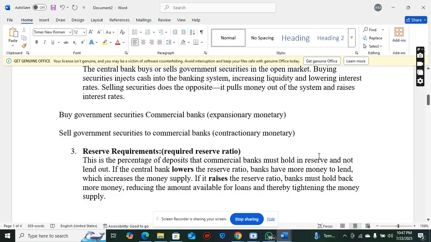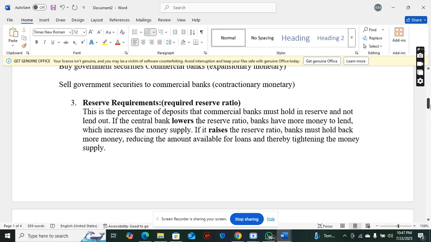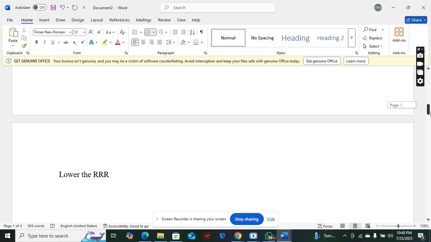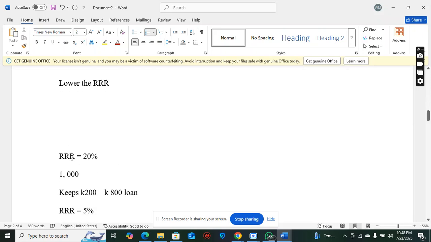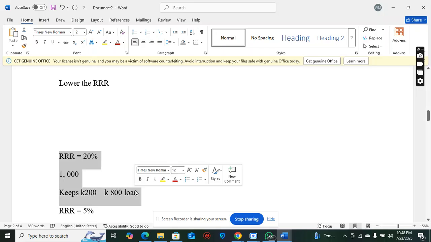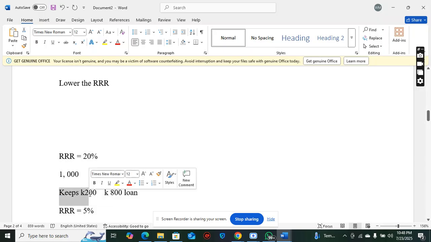Then, when it comes to the required reserve ratio for contractionary monetary policy, they'll increase the required reserve ratio. Back to the example where it was at 20%: you would put in 1,000 and this commercial bank keeps 200.